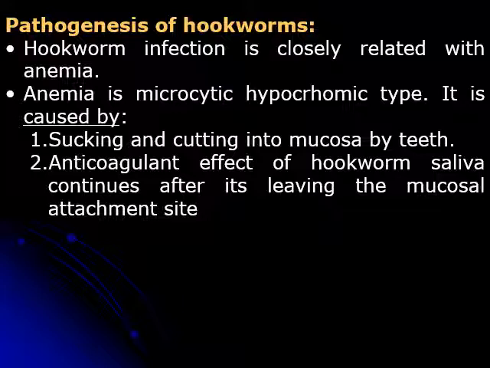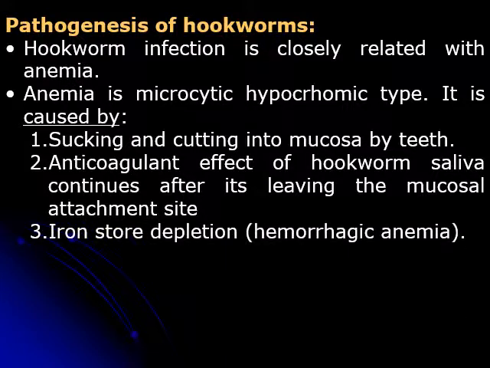The inflammatory reaction which occurs may result in some fibrosis if it goes on for a while, but usually the immune reaction can annoy the adult worm, so it can leave this part to go to another fresh part of the intestine. So it leaves this part oozing blood because of the effect of anticoagulant and goes to suck blood from another part. This aggravates the bleeding from the intestine and aggravates anemia.